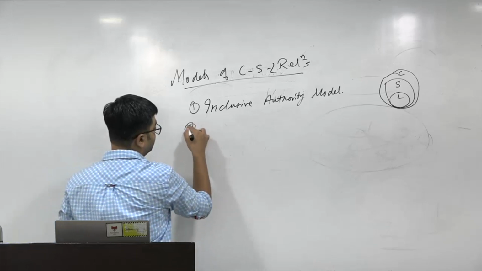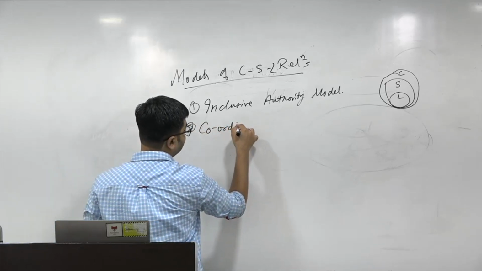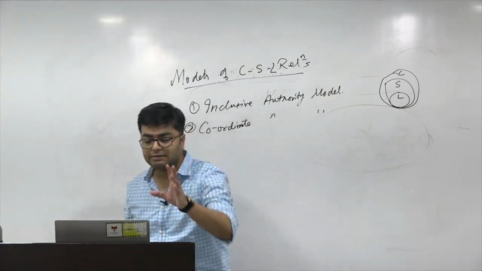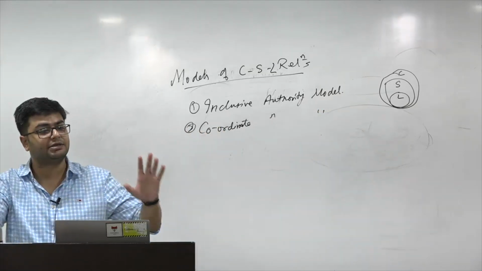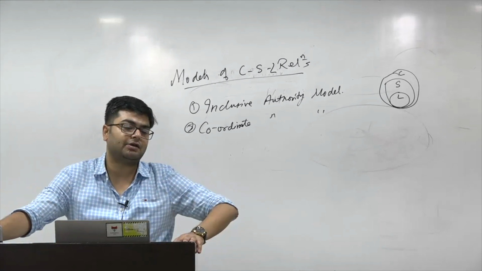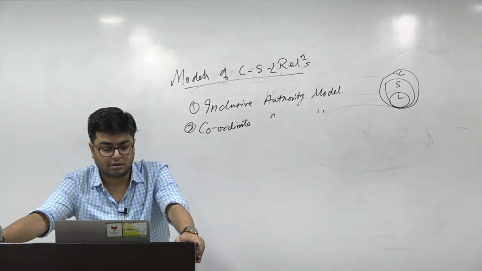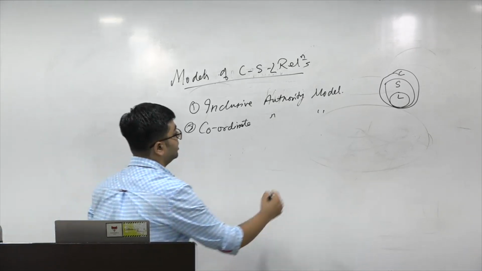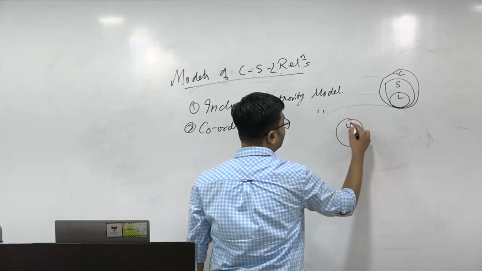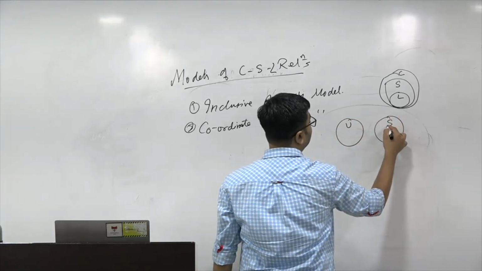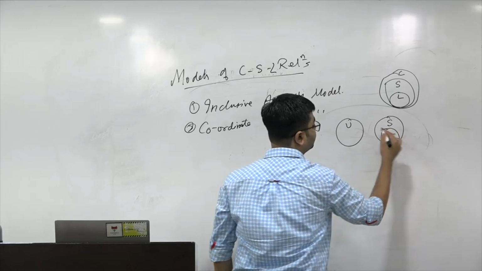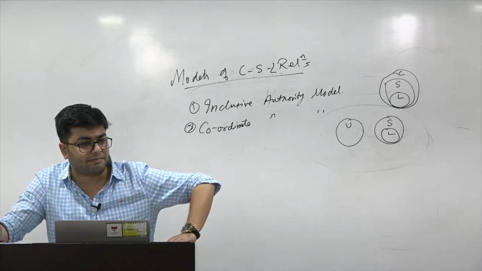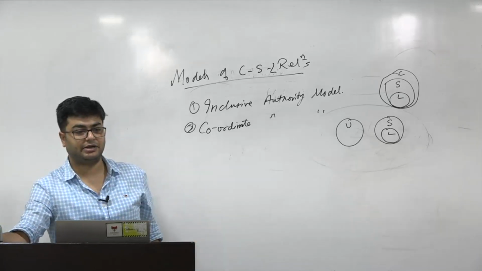Next is the coordinate authority model. Just a glimpse of these models or figures like these will help you make your answers presentable. Okay? Wherein the union and state governments are relatively independent, but the local government is dependent upon the state government.